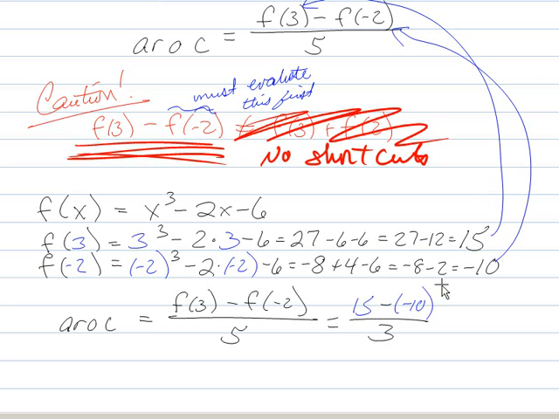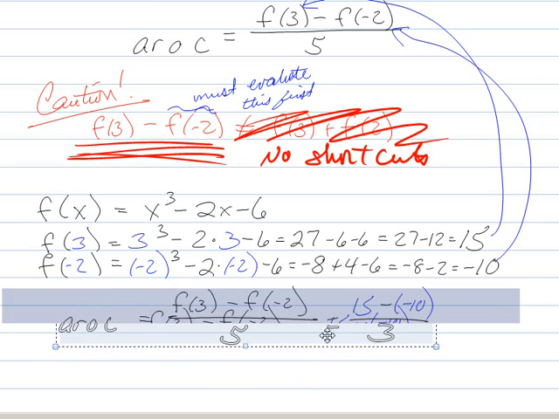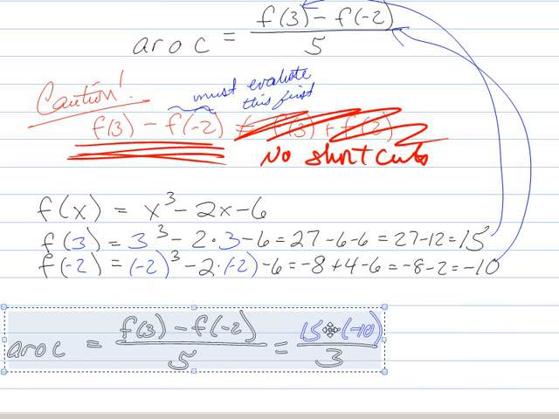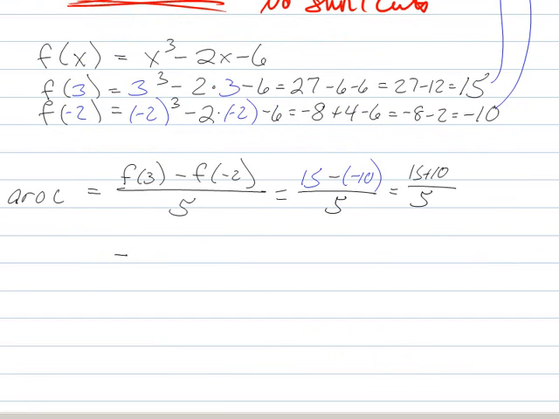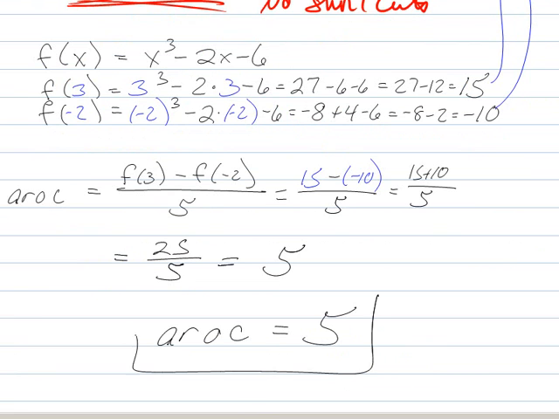And this is going to run off the page again. So 15 plus 10 over 5. So that's going to be 25 over 5 or 5. Got it? So the average rate of change is going to be 5. And that's all there is to it.